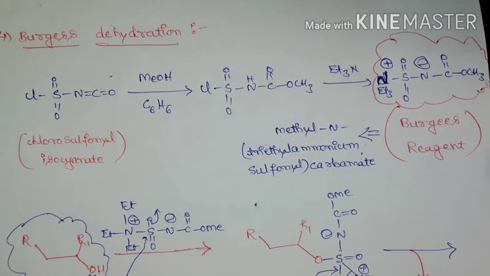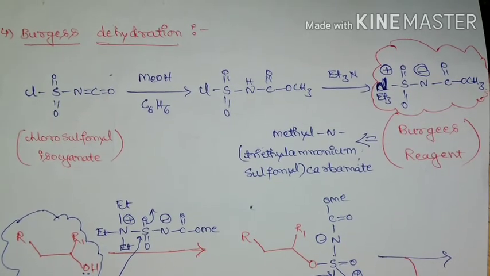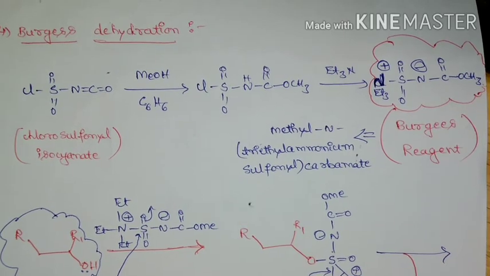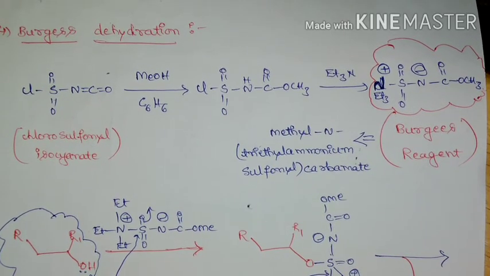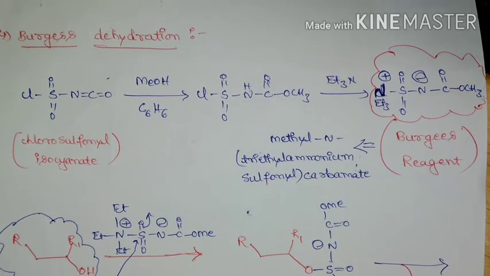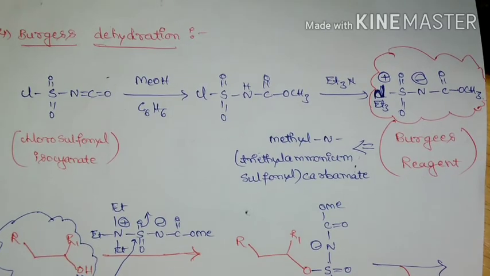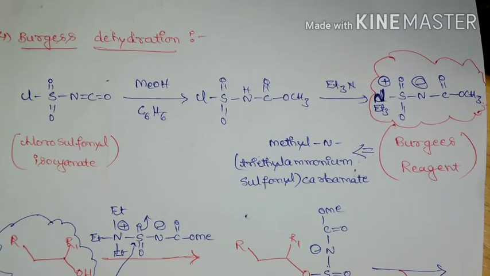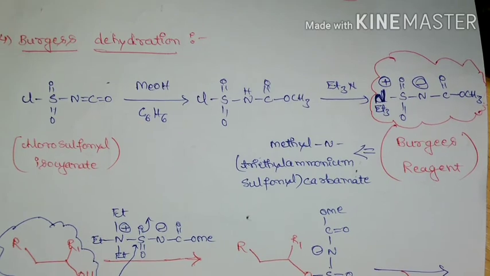Next reaction is Burgess dehydration. Before going to the reaction, we will look at the preparation of Burgess reagent. It is prepared from chlorosulfonyl isocyanate, which upon treatment with methanol in benzene forms a sulfonyl chloride intermediate.